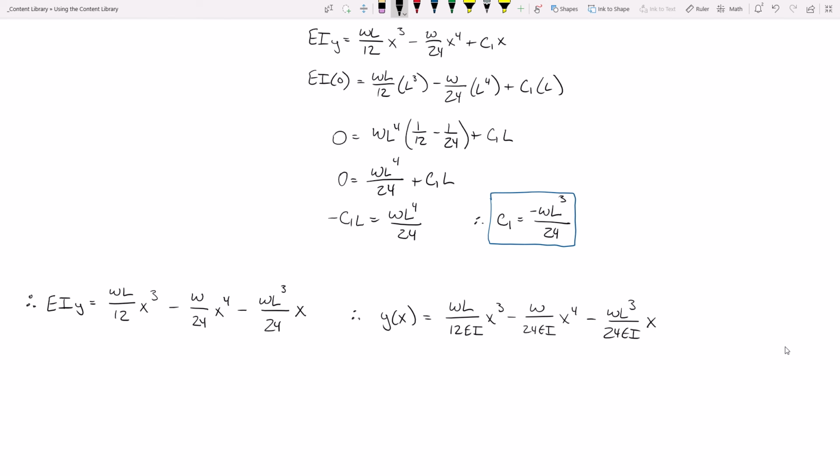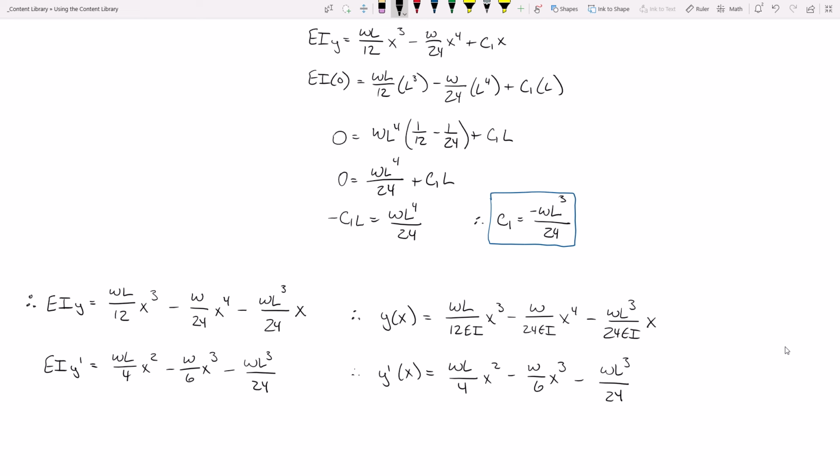But I'm also going to go ahead and develop an EI y prime. EI y prime, when we did that, it was WL over 4 x squared minus W over 6 x to the third plus C1, which is that y prime of x is WL over 4 EI x squared minus W over 6 EI x to the third minus WL to the third over 24 EI.